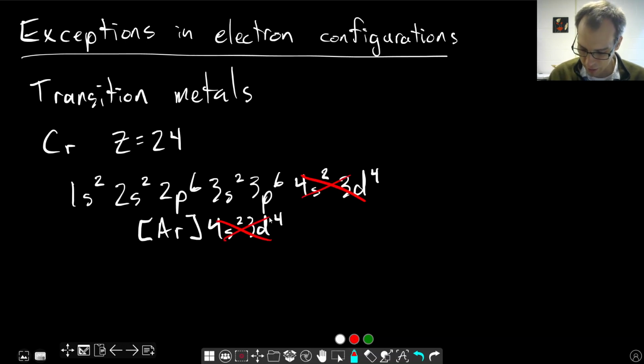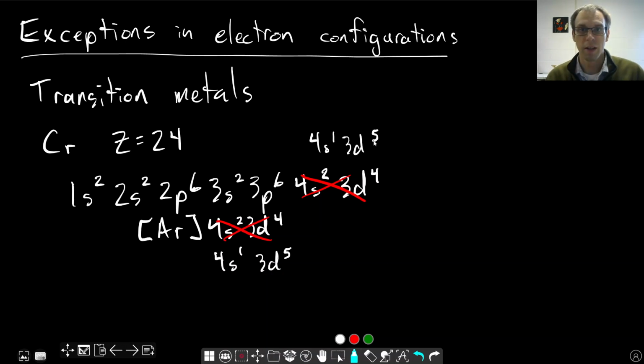The actual electron configuration is 4s1, 3d5. So we still have the same number of electrons, of course, but we move one of the electrons from the s orbital into a d orbital. Now, why would this happen?